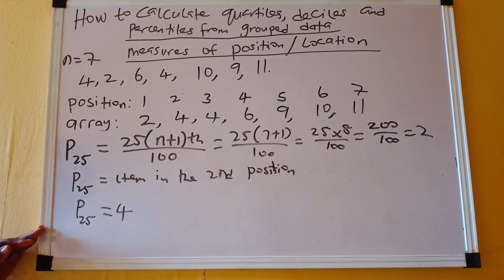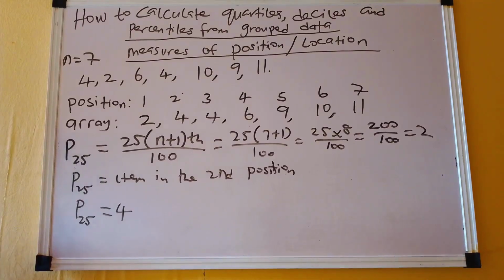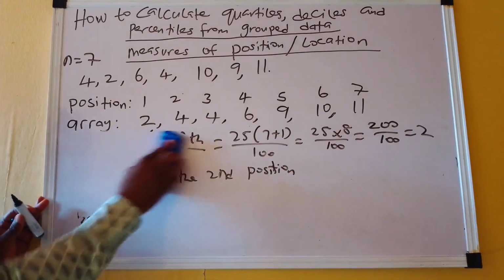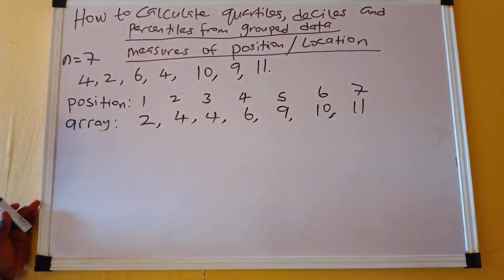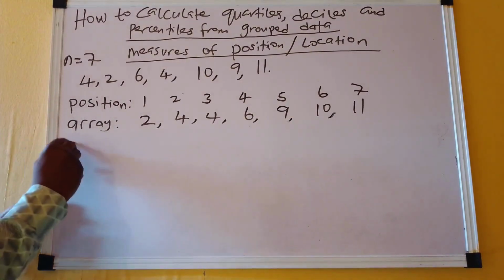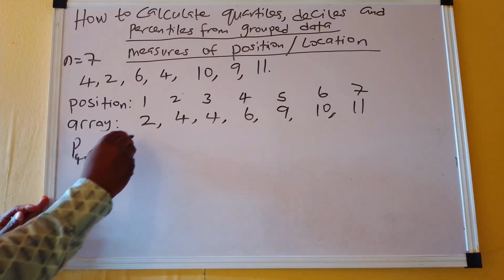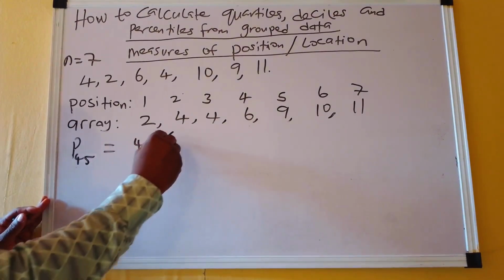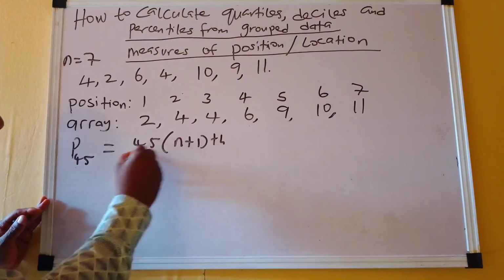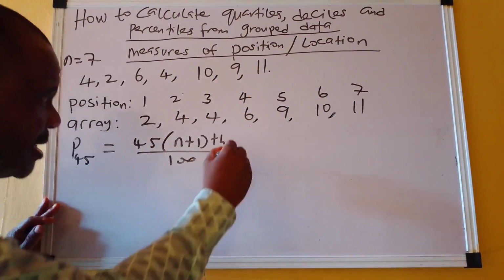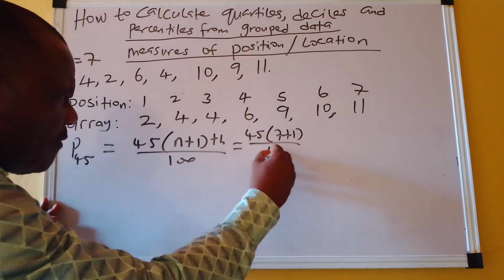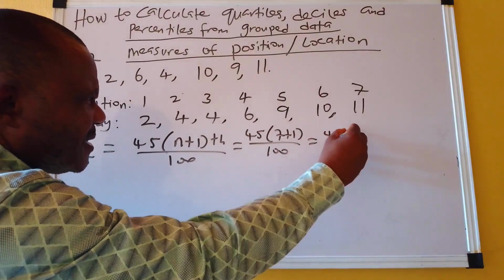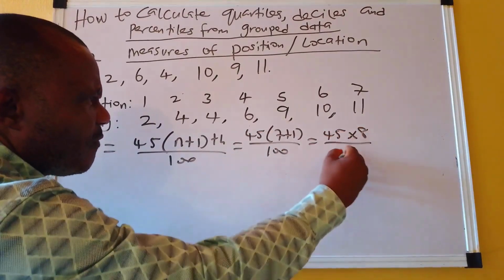We can also go ahead and calculate the 45th percentile, for instance. We can calculate whichever one you wish to calculate. Our P45 is equal to 45 into (n plus 1) all over 100 position, and that is equal to 45 into (7 plus 1) over 100, which is 45 times 8 all over 100.